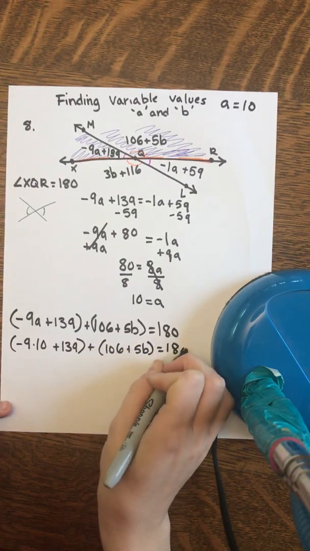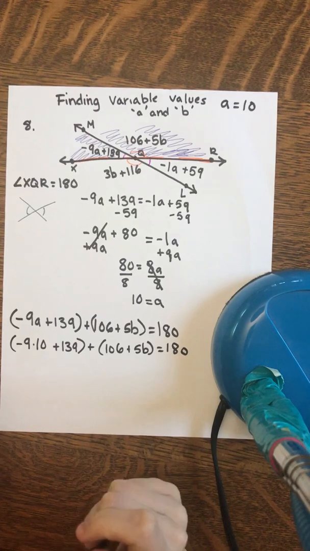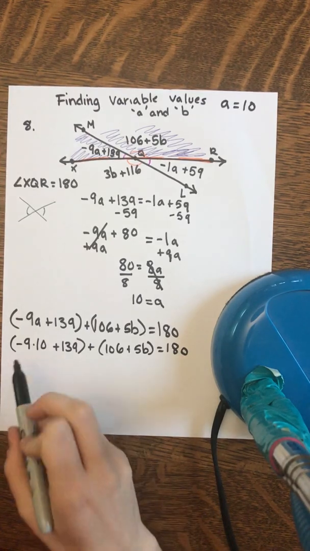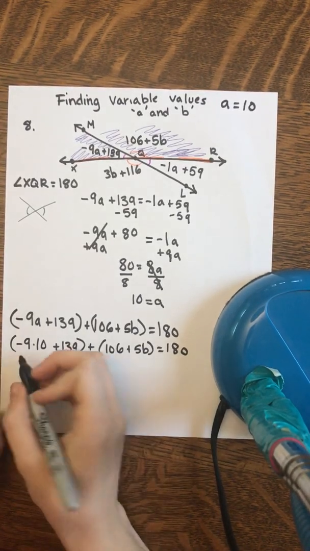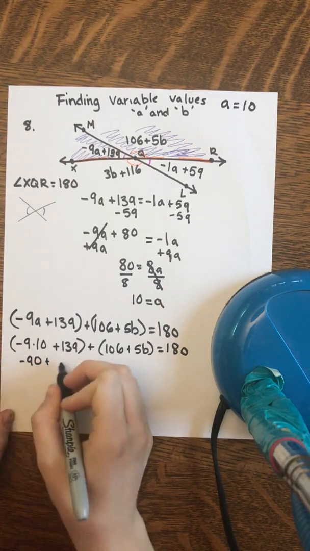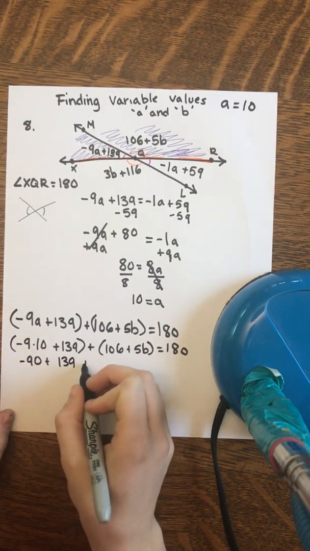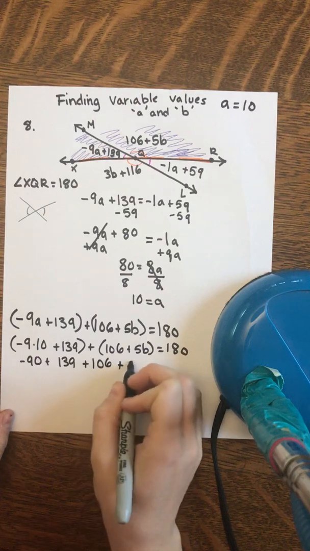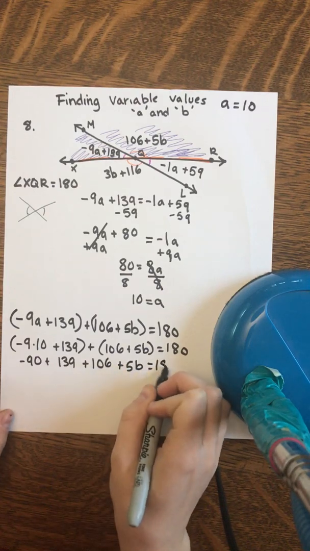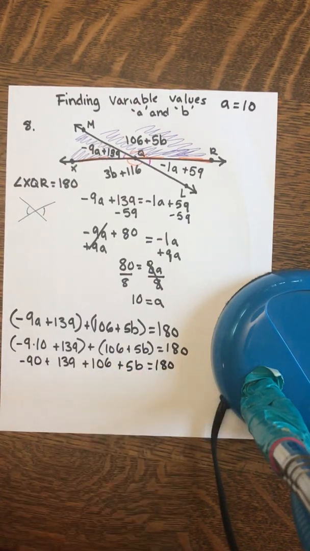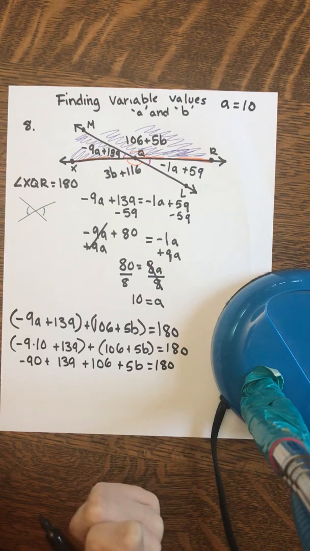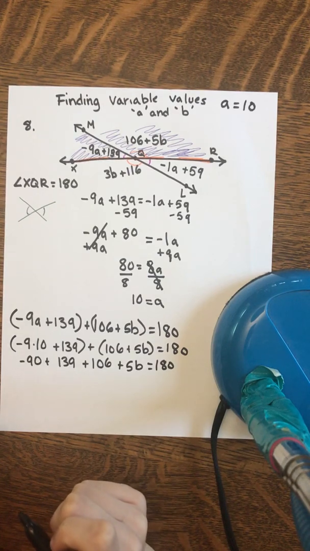Okay. So now, same signs positive, different signs negative. Different signs negative, so it's negative 90 plus 139 plus 106 plus 5b equals 180. Now, let's combine like terms. I can't combine b's with the whole numbers, but I can combine whole numbers.